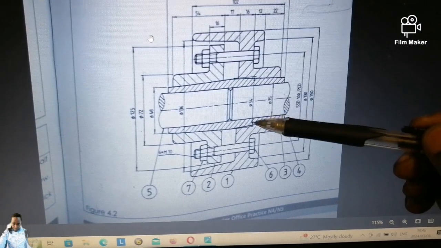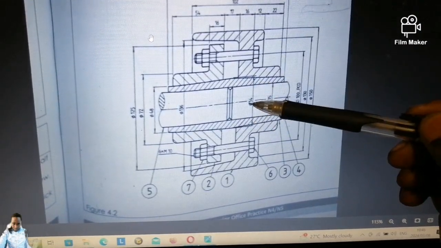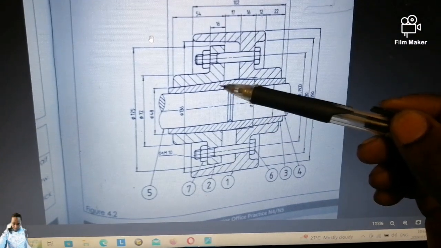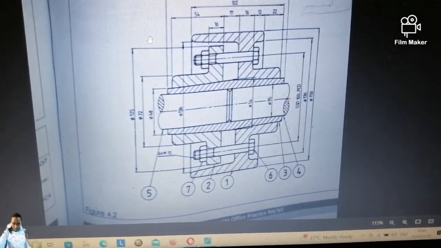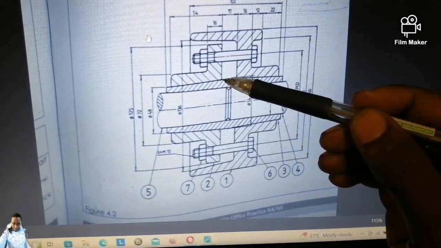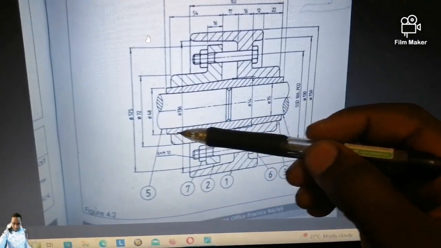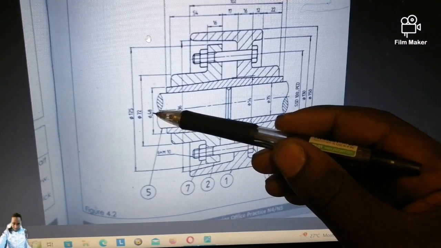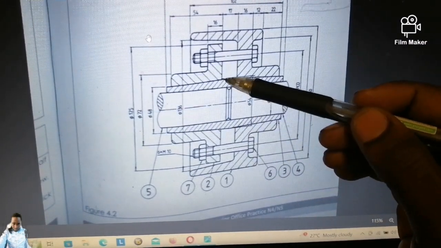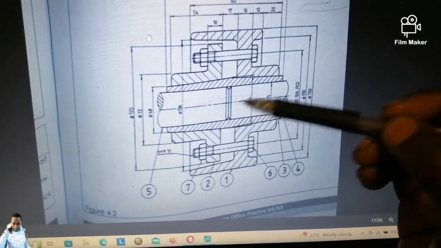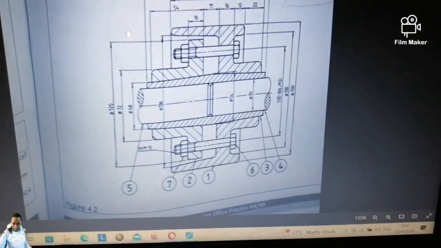So this one is what? It is diameter 54. So this one is going to be in hidden. Remember that from here till there it has got its own diameter, diameter 48, while from here till here is diameter 54. You understand?